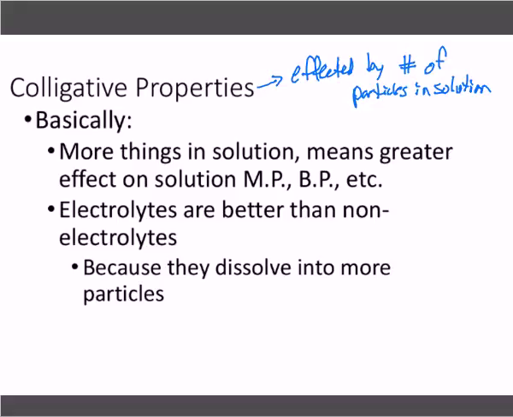Electricity. That's the answer. Yeah, conductivity, right? So guys, a charge can now pass through. Electricity can flow through that because of the ions. So that's what an electrolyte is.